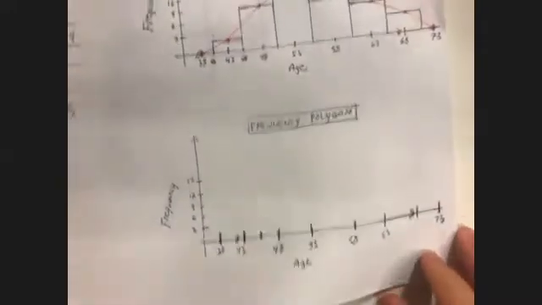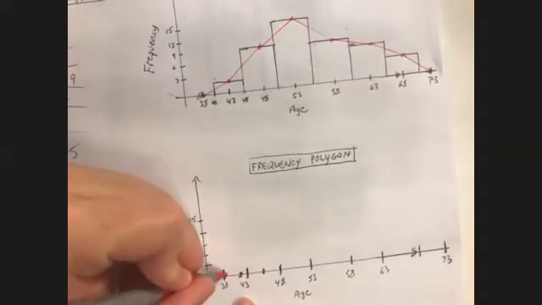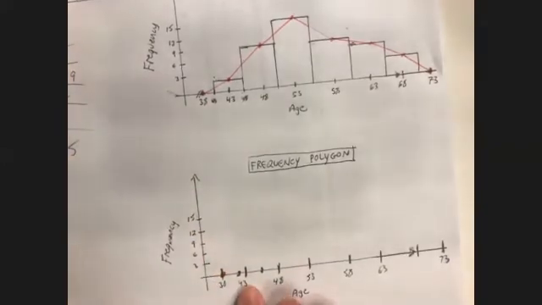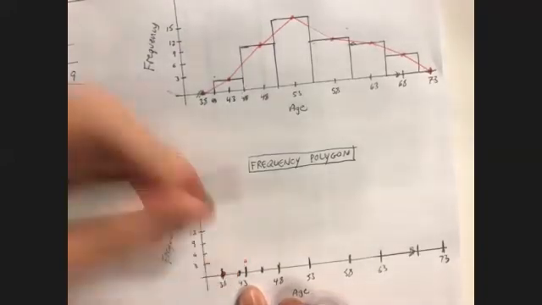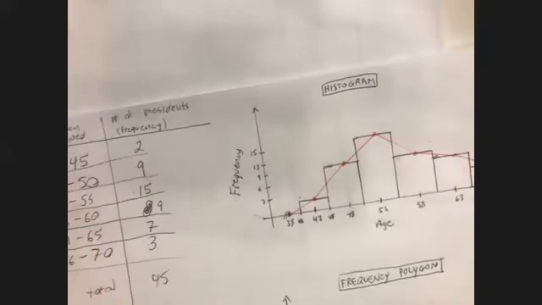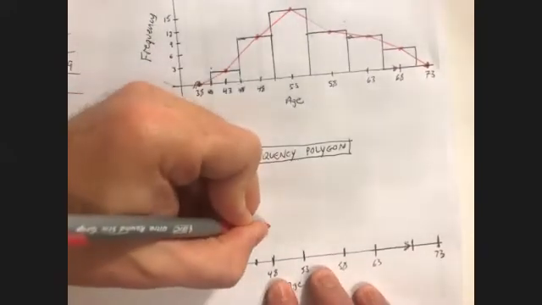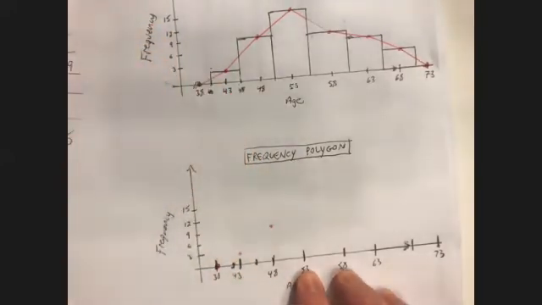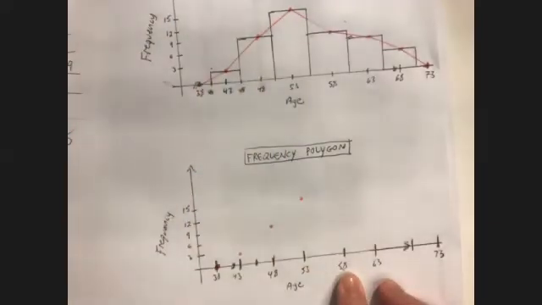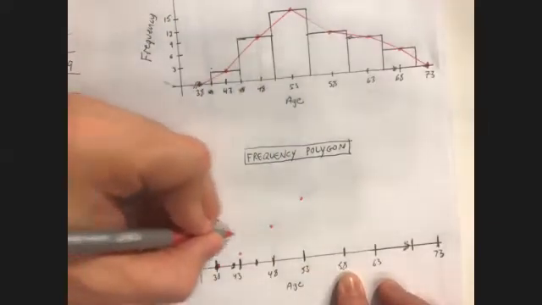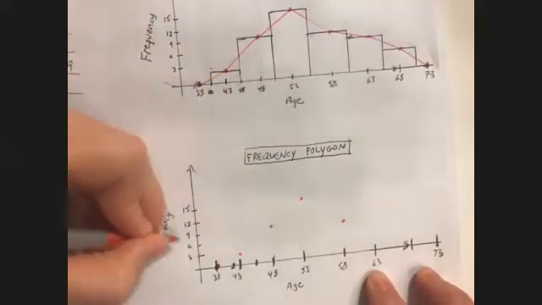Okay. So we tied down at 38. 43 was 2. I could either look at the numbers on the histogram or back at my table. 48 was 9. 53 was 15. 58 was 9. 63 was 7.